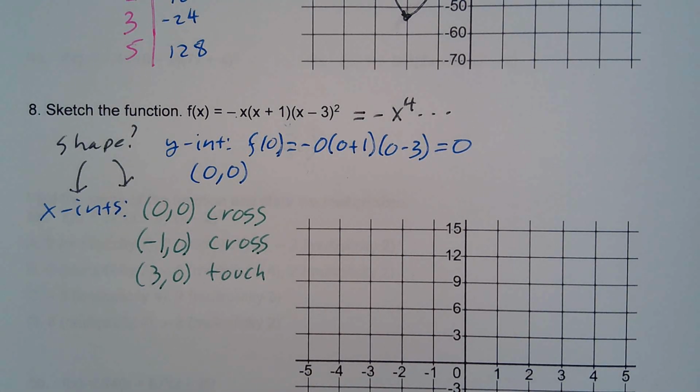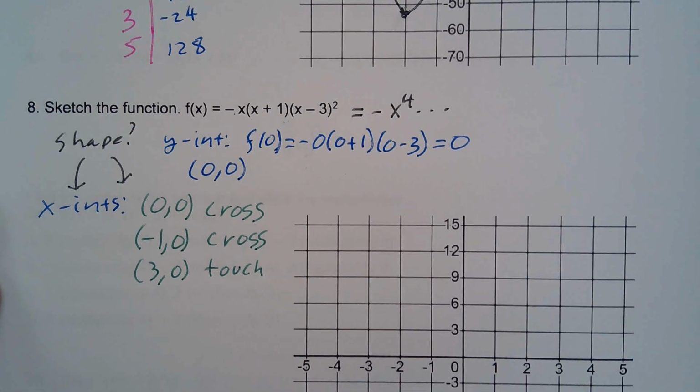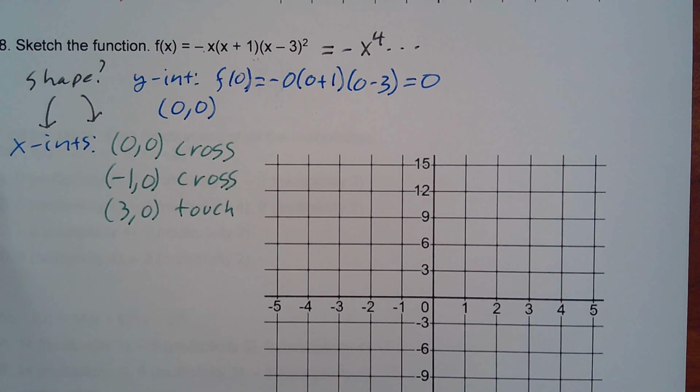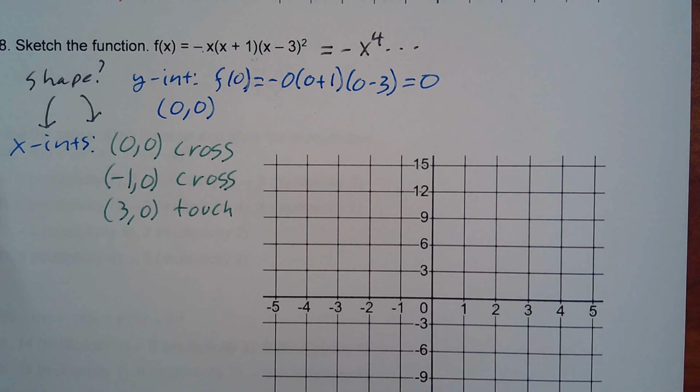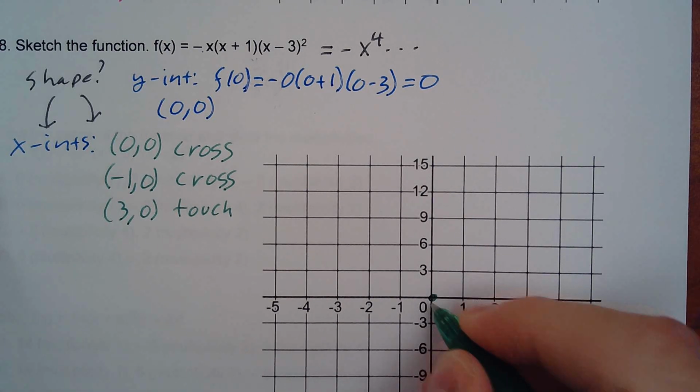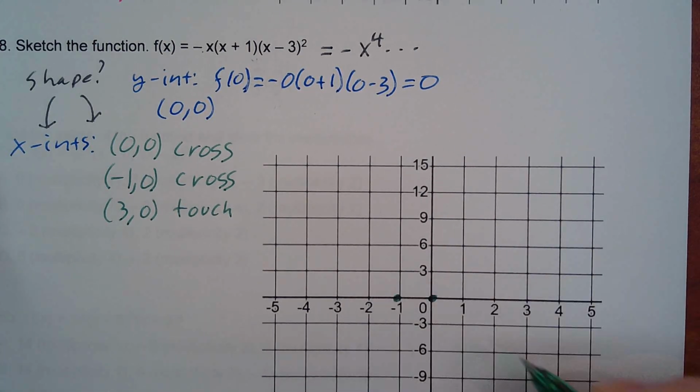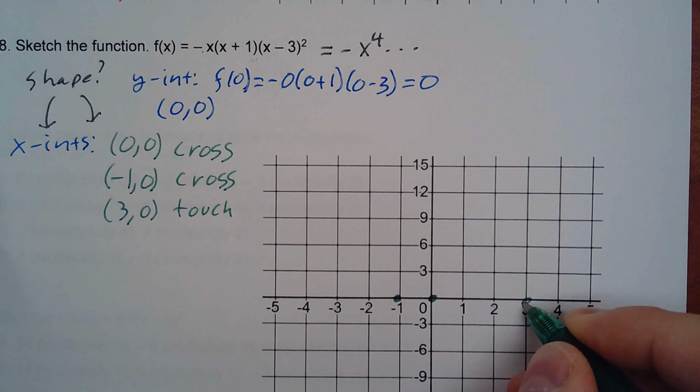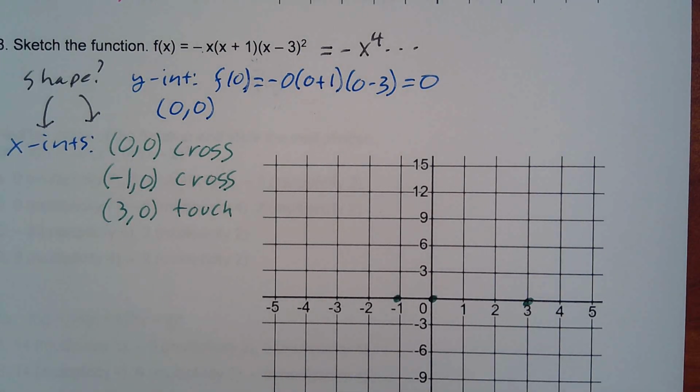So let's plot what we have. 0, 0. Negative 1, 0. 3, 0. All right, so those are my x-intercepts. Then my y-intercept is also 0, 0. So, okay, that's not terribly helpful.